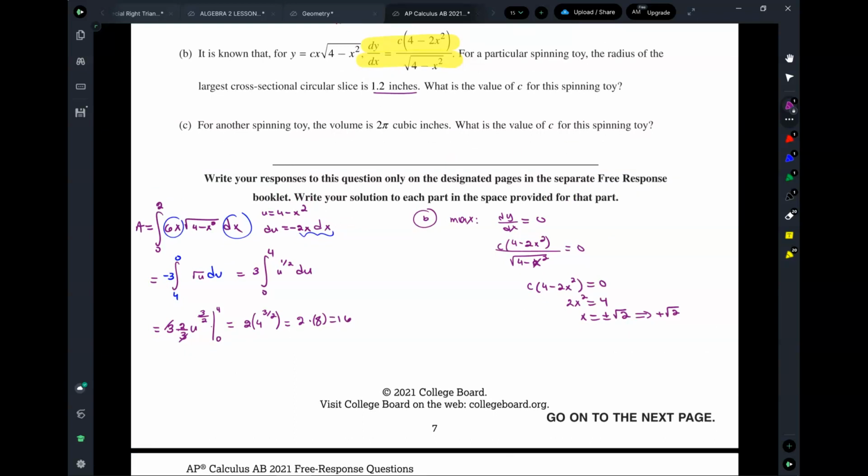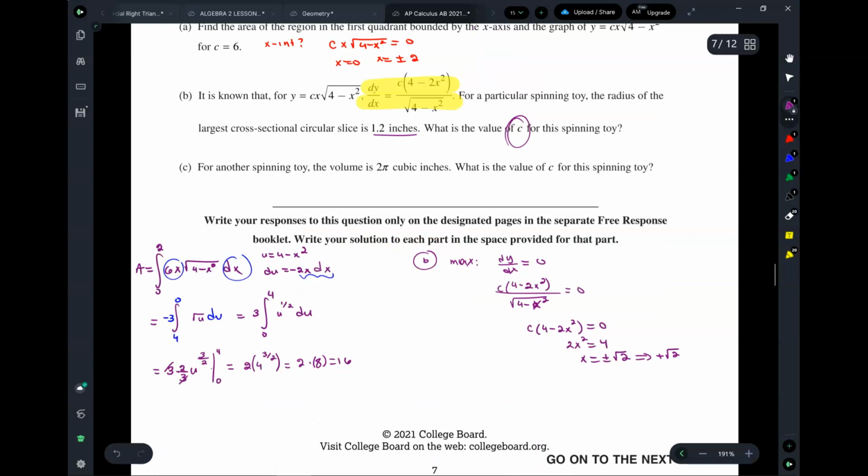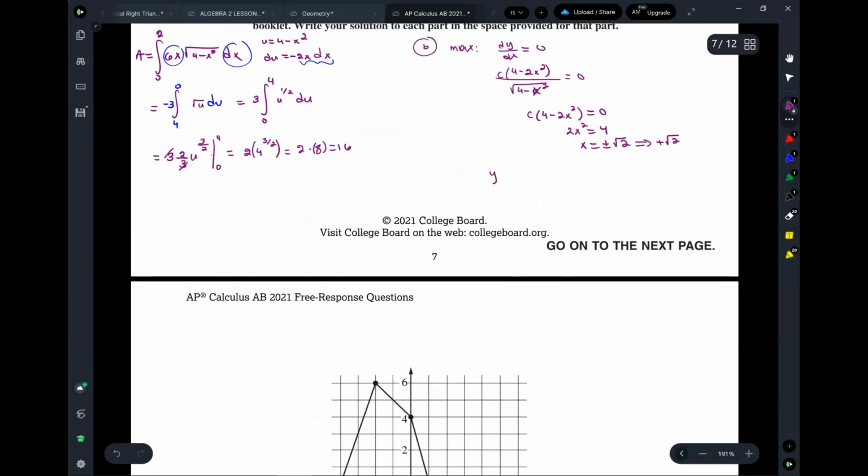What is it that we want here? We want the value of c. Okay, but we're given that at that point, y is equal to 1.2. So you plug it in. So y of root 2 is equal to c times root 2 times the square root of 4 minus 2, and that's equal to 1.2.